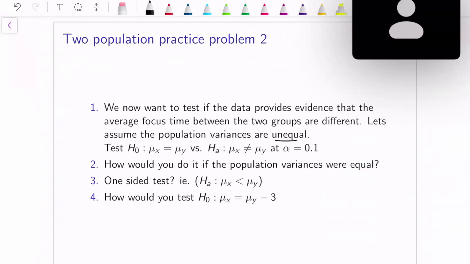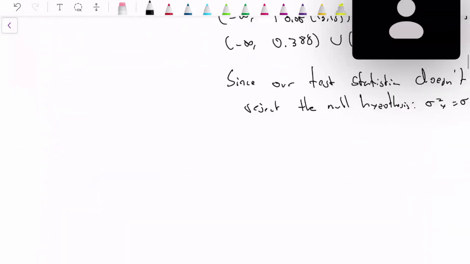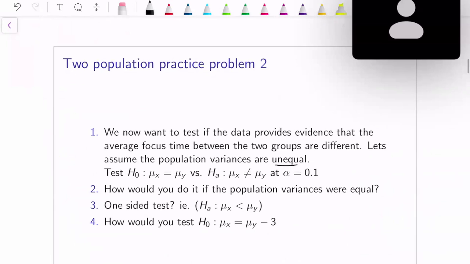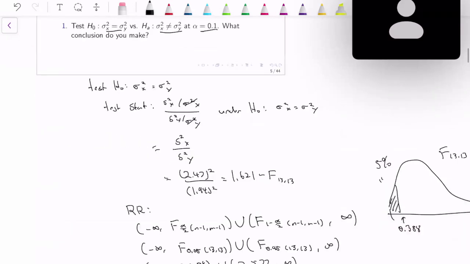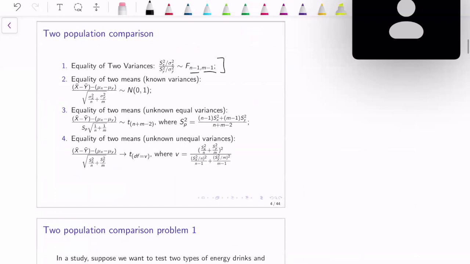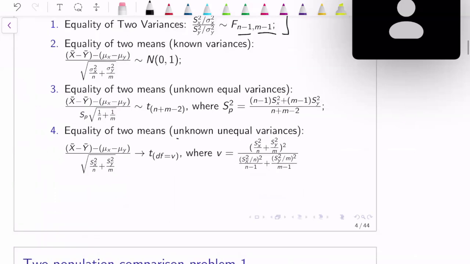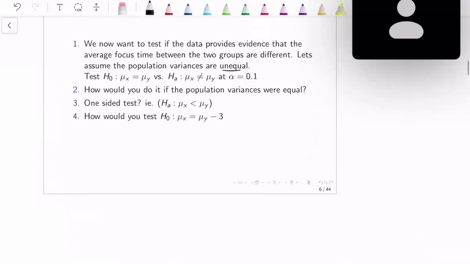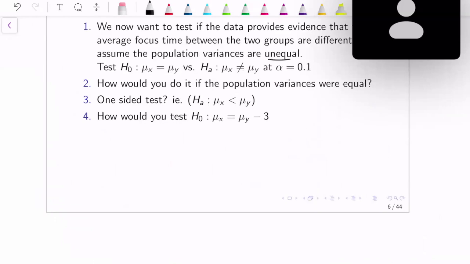It actually didn't say anything about whether it's known or not. Let's assume they're unknown. Yeah, I should have fixed that. That's my fault.